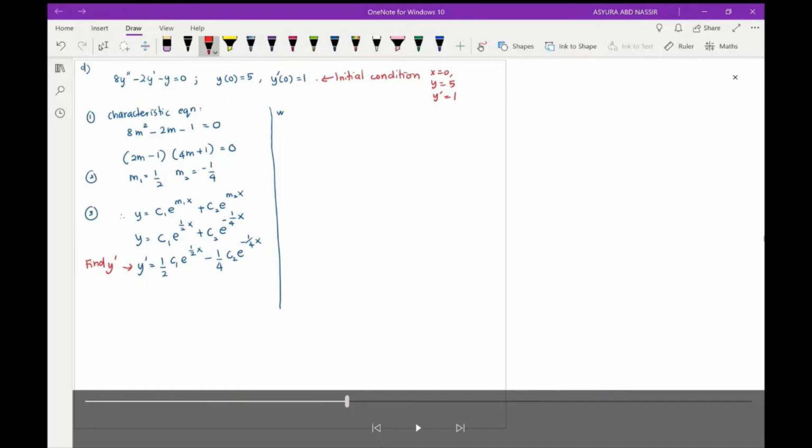Next, by using the first condition, when x equals 0, y equals 5. Substitute into your y. You will get c1 e^0 plus c2 e^0 equals 5, so c1 plus c2 equals 5.